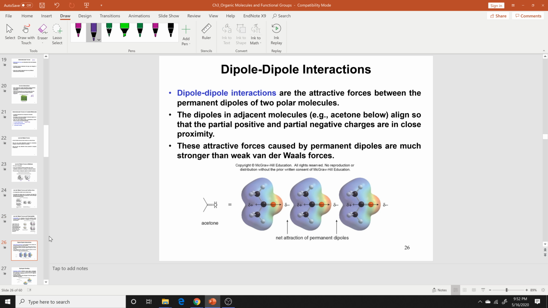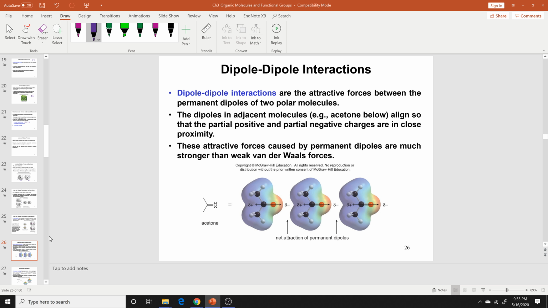The second type of intermolecular forces, which is stronger than the van der Waals forces, is the dipole-dipole interaction. These are attractive forces between dipoles. Here I have three molecules of acetone next to each other.